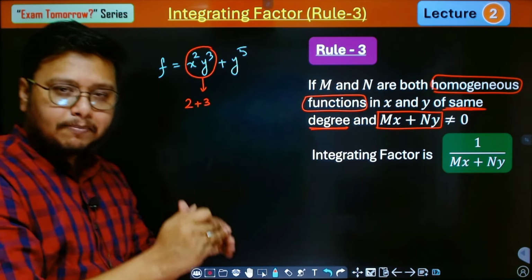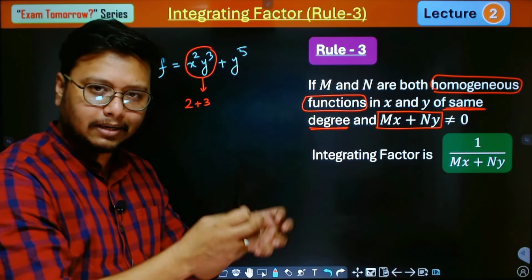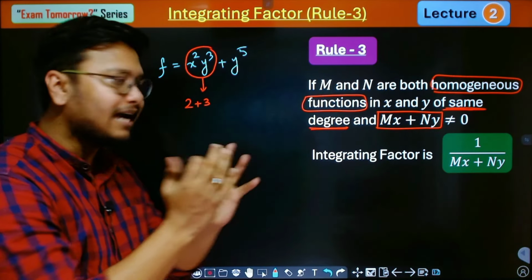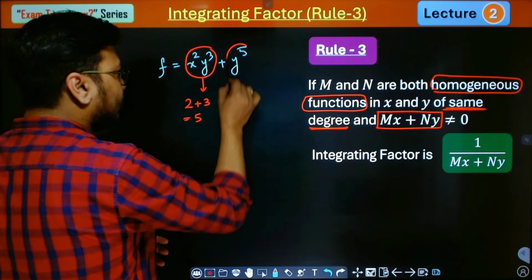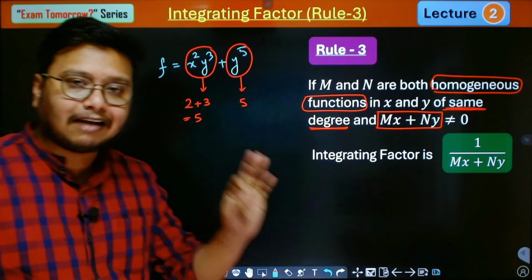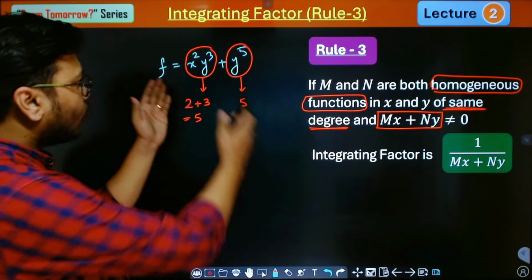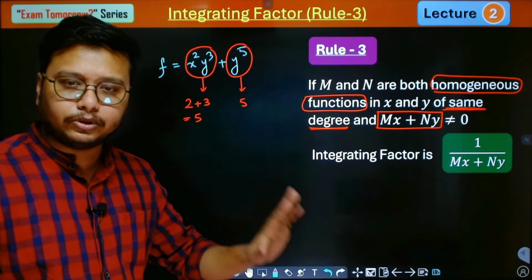The terms are multiplied, so the powers get added, by the law of powers. So the degree is 5. The second term has degree directly 5. Both terms have the same degree, that means all the terms in this function have the same degree, so this function is a homogeneous function.